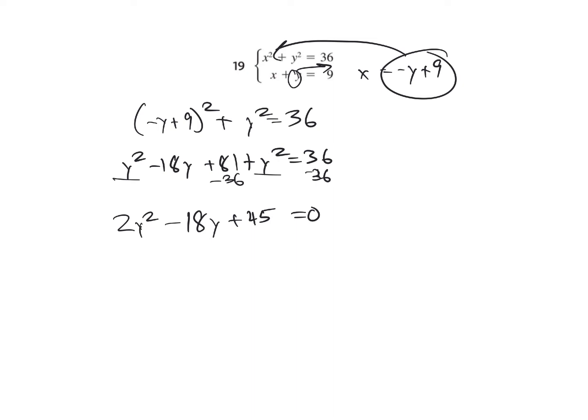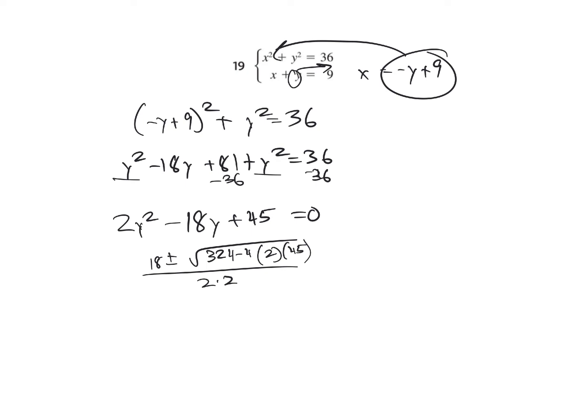So negative b plus or minus square root of b squared. So 18 squared is 324 minus 4 times a times c all over 2 times a. Okay, so 8 times 45 is 360.